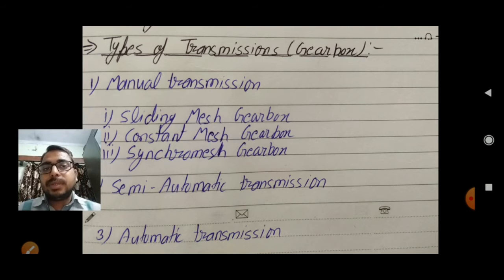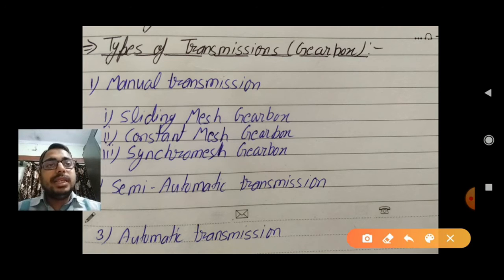First is the manual transmission, as we see here. First is the manual transmission, second is semi-automatic transmission, and third is the automatic transmission.